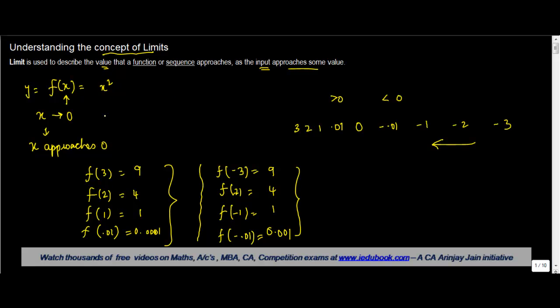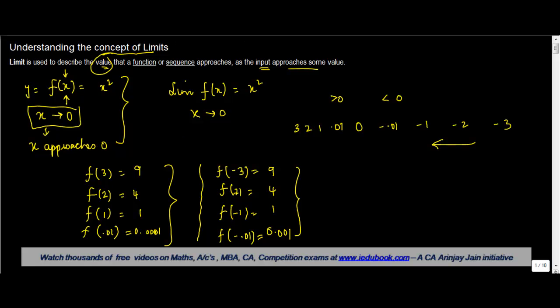So this concept, this value which is used to describe the value of the function as the input variable approaches some value, in this case 0, is known as the limit. And this is written as the limit of the function f(x) is equal to x square as x approaches 0.